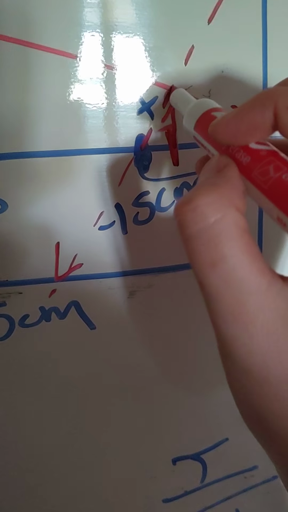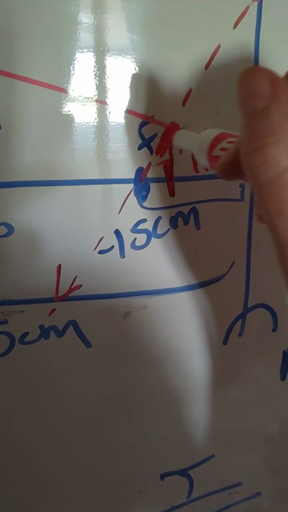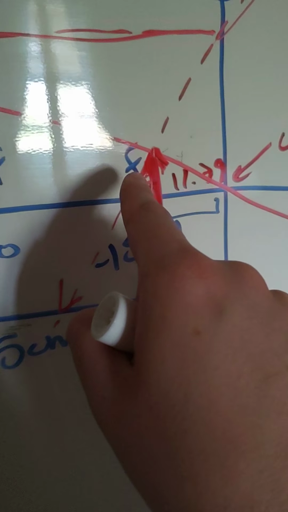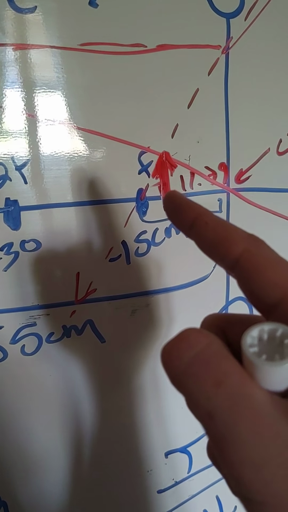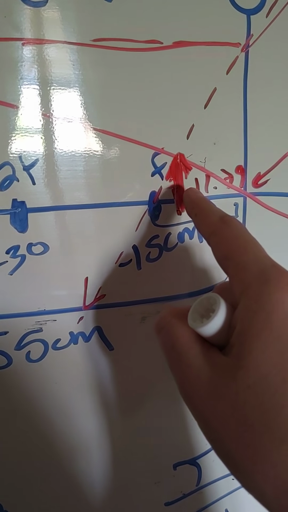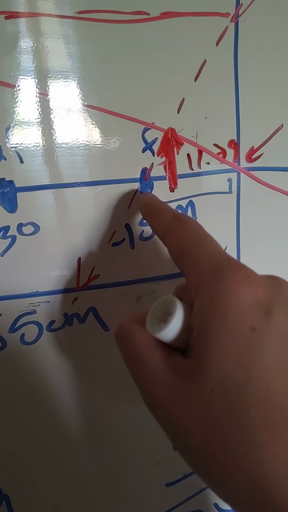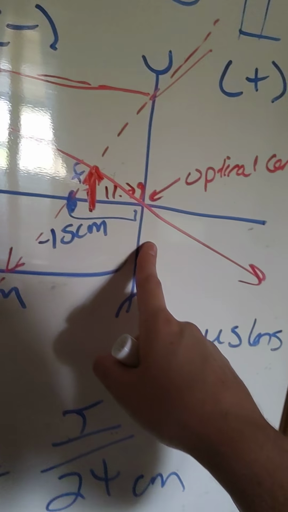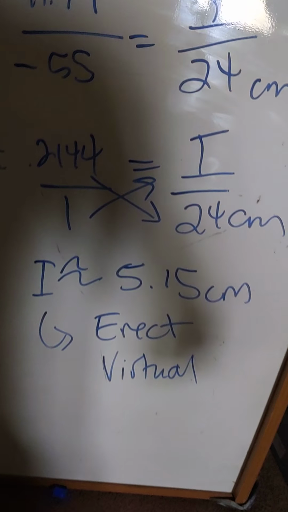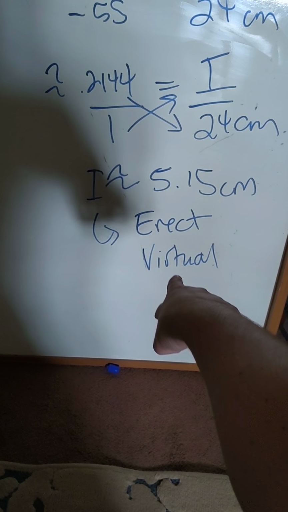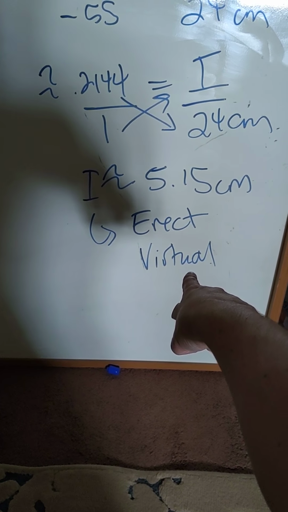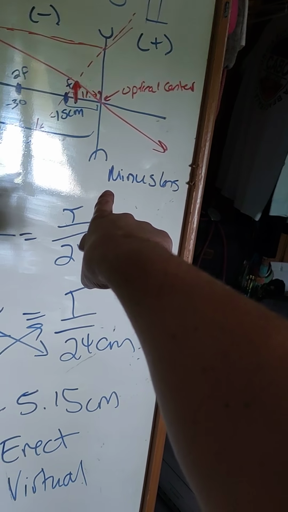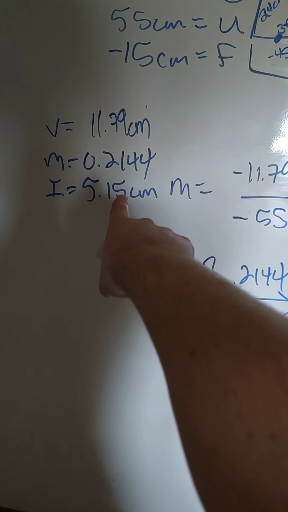And then my image is going to be here somewhere, where these two meet, and it's going to be between F and the lens. Erect virtual image, minus lens. Information we need.